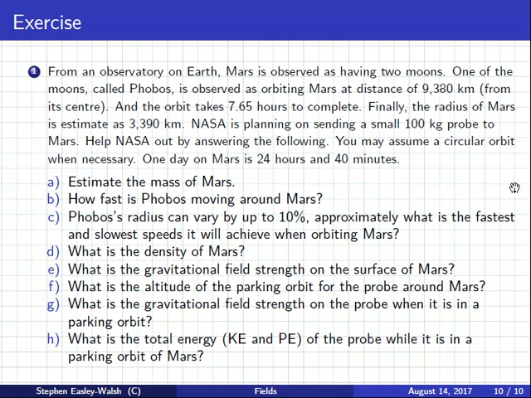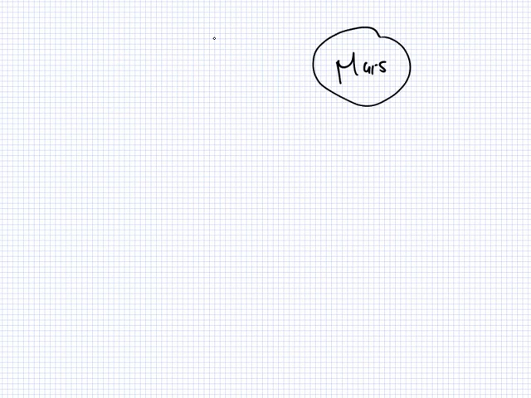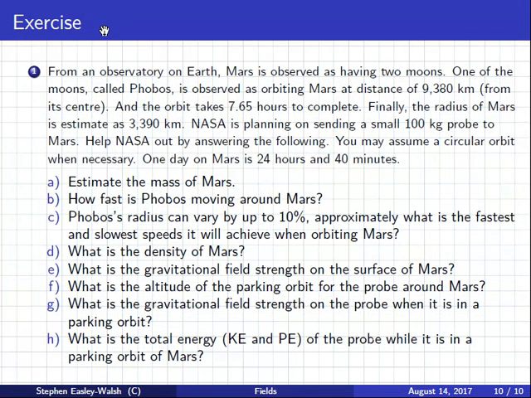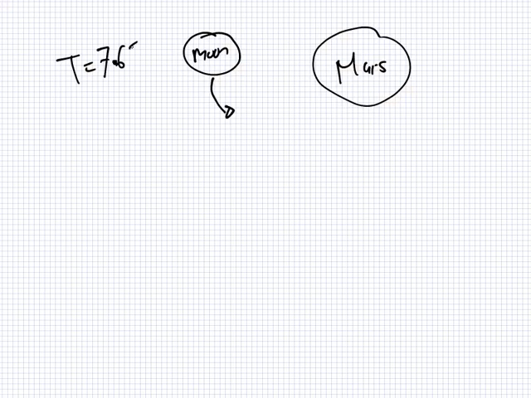From an observatory in, blah blah blah, estimate the mass of Mars. So actually, let me just draw a picture of what we have. We have Mars, and we have a moon here, and I must give you the time here for the moon. 7.65 hours.